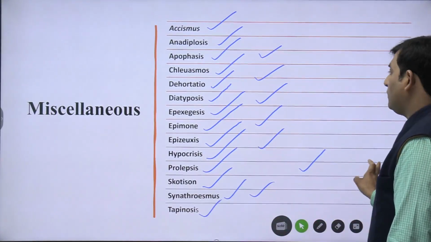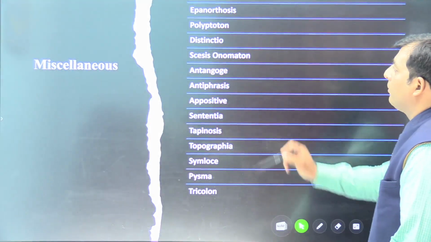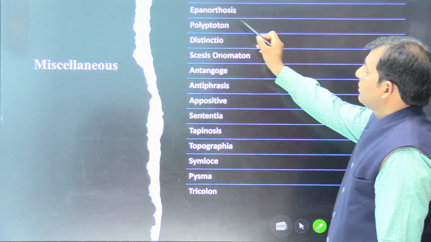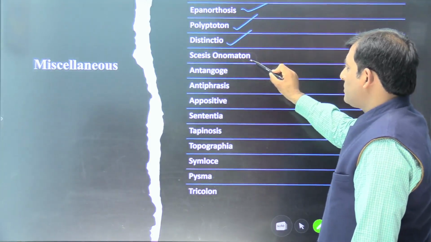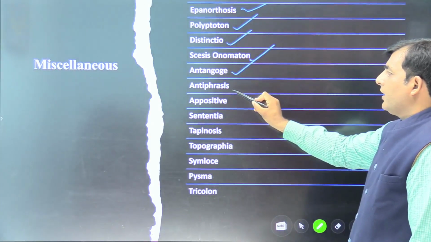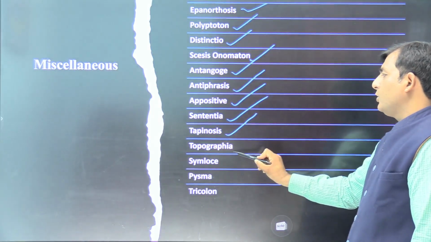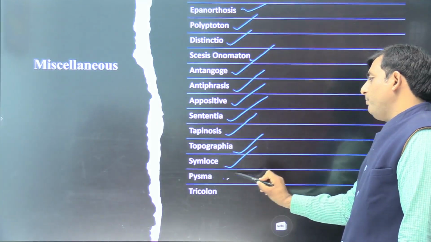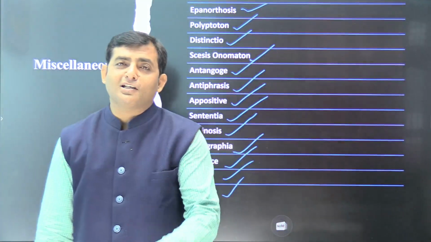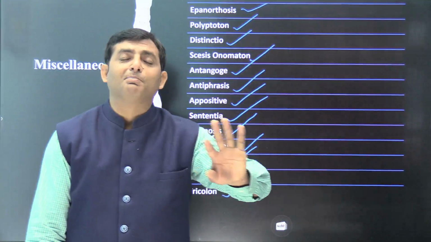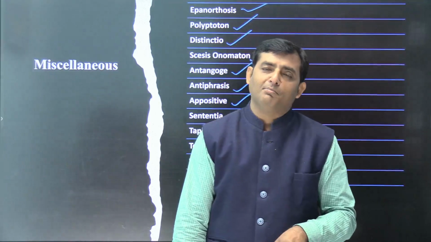There are some जिनका आपने कभी नाम ही नहीं सुना होगा. And then you have epanorthosis, distinctio, antiphrasis, appositive, sententia, tapinosis, topographia, tricolon. These are the figures of speech based on not anything. किसी पर based नहीं है. They are put under the category of miscellaneous.